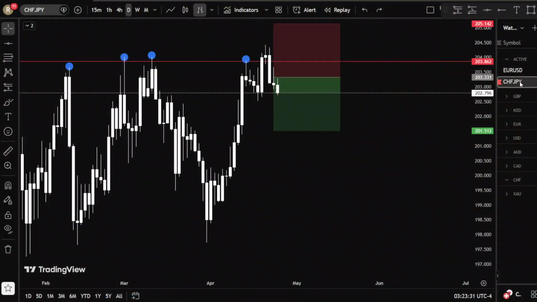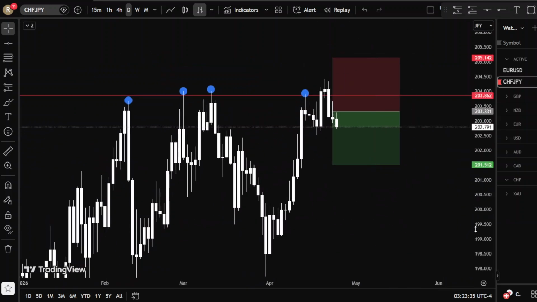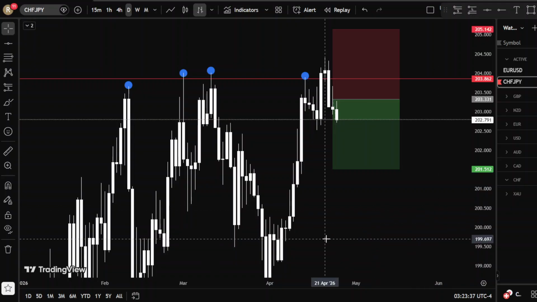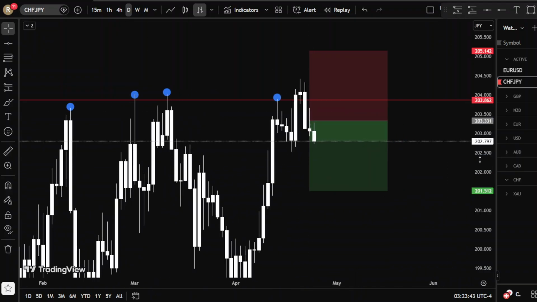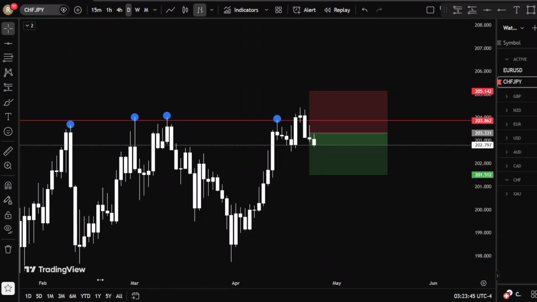Next pair we have up, which I entered yesterday, was CHFJPY, and I'm going to look at that as well. So we are on the daily chart. This one is quite easy to understand. There is a lot of highs on the daily chart. That means it's a strong area.